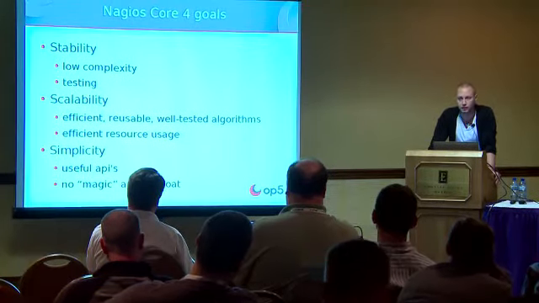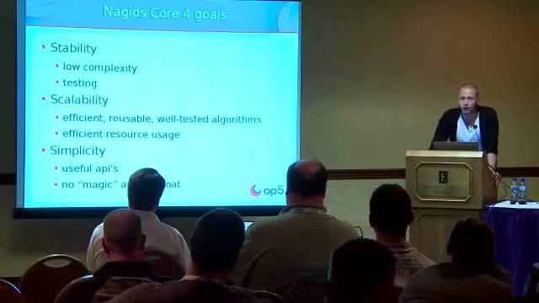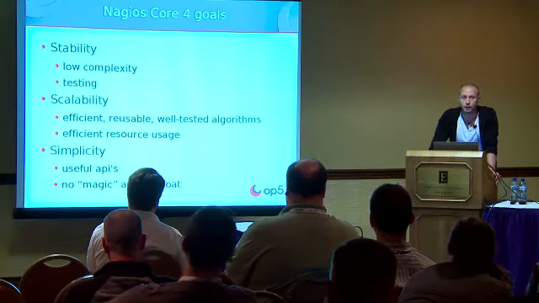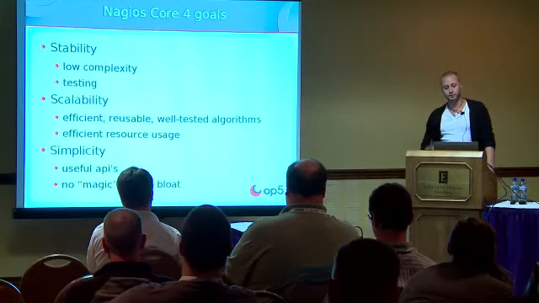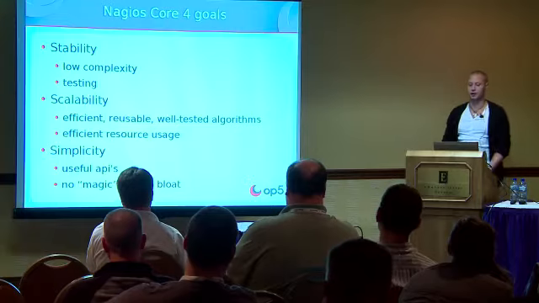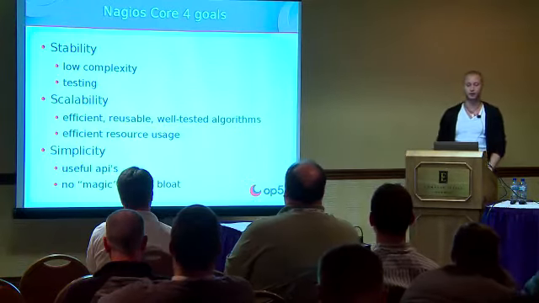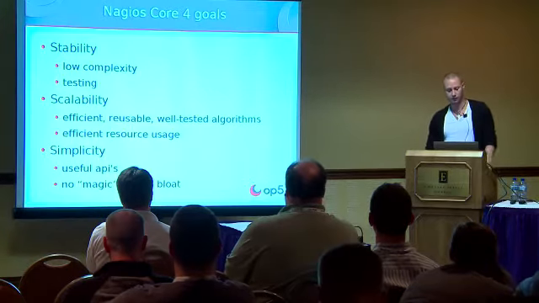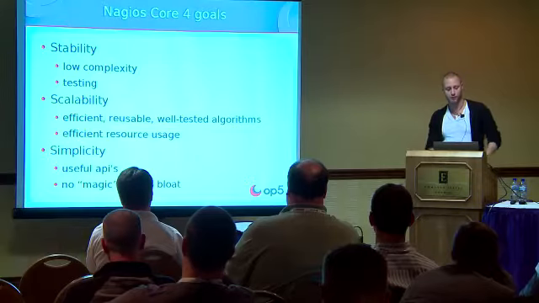If you can write any type of scripting language or can write a one-liner in shell, then you can actually write a plugin. That is a very, very simple API that we use against plugins. And simplicity and usability go hand in hand. Without users, Nagios would die very quickly. So we have to maintain a low complexity. We have to do testing. We have to use efficient code, of course, and avoid magic as much as possible.